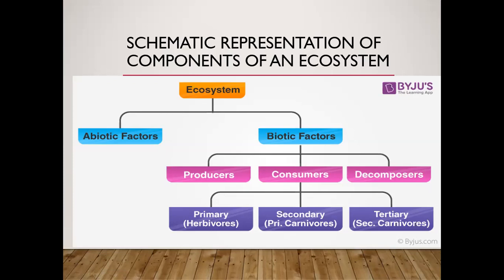I gave example like sunlight, because plants need them for photosynthesis, okay? Temperature, rainfall, humidity, oxygen, water, those are abiotic factors. Then under biotic factors, we have them grouped into three: producers, consumers, and decomposers. Okay?